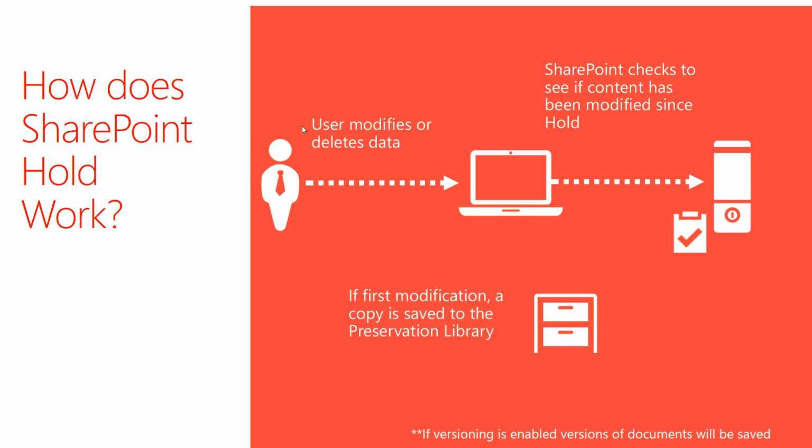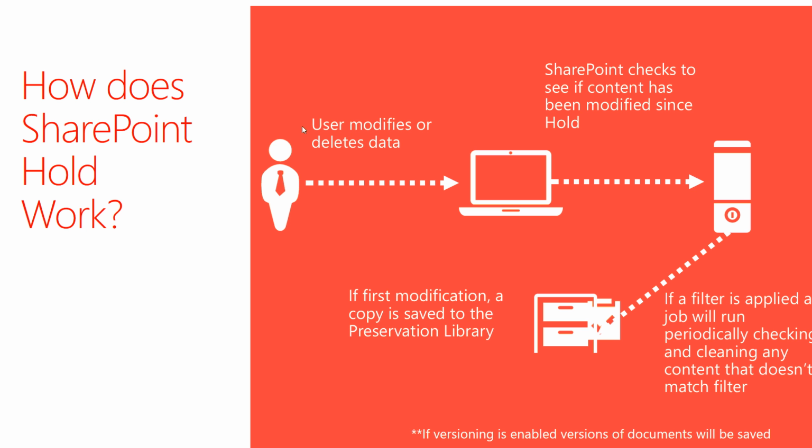And if this is the first modification that's made, a copy of the content is automatically saved to a library called the preservation library. The preservation library is similar to the discovery holds folder in people's mailboxes. This is simply where the SharePoint content that is on hold will live as long as it's needed in there.